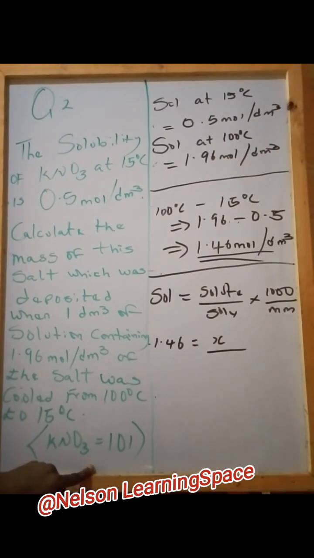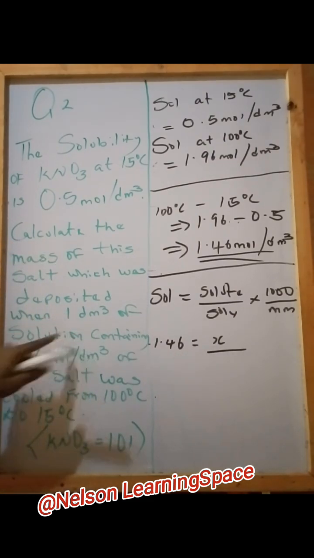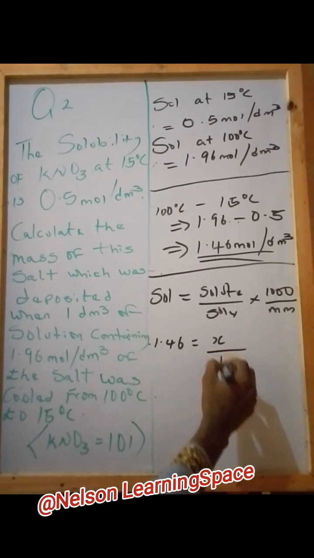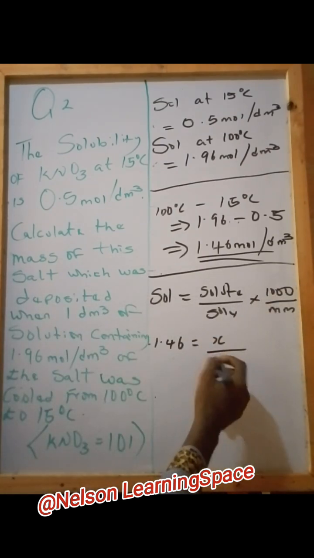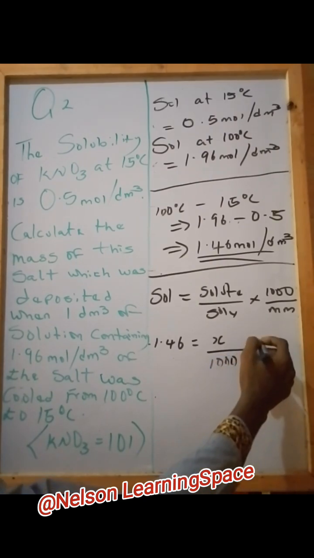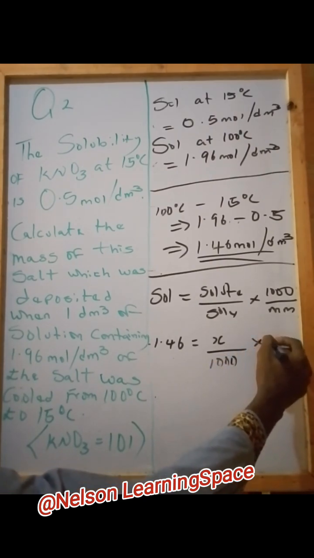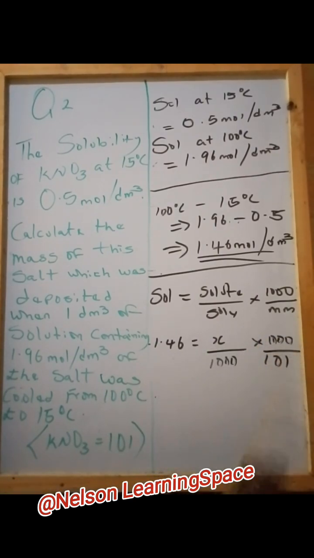The solvent is 1 dm cube, so that's 1. Since we are multiplying by 1000, let's use 1000 times 1000 over the molar mass, which is 101.